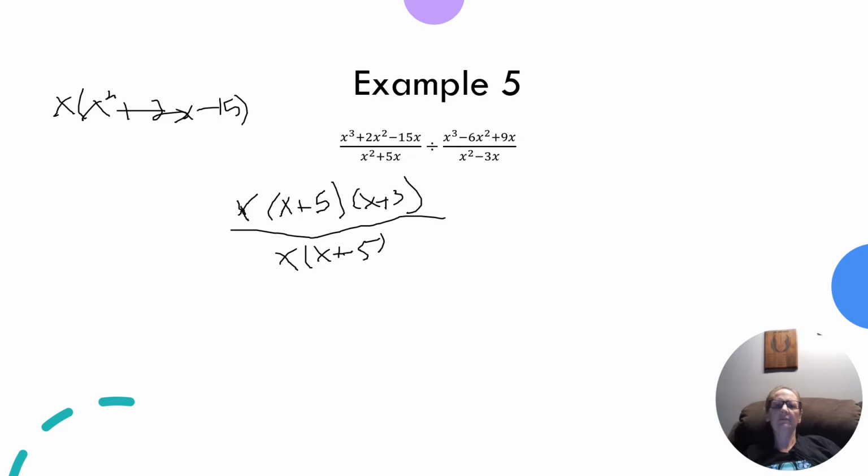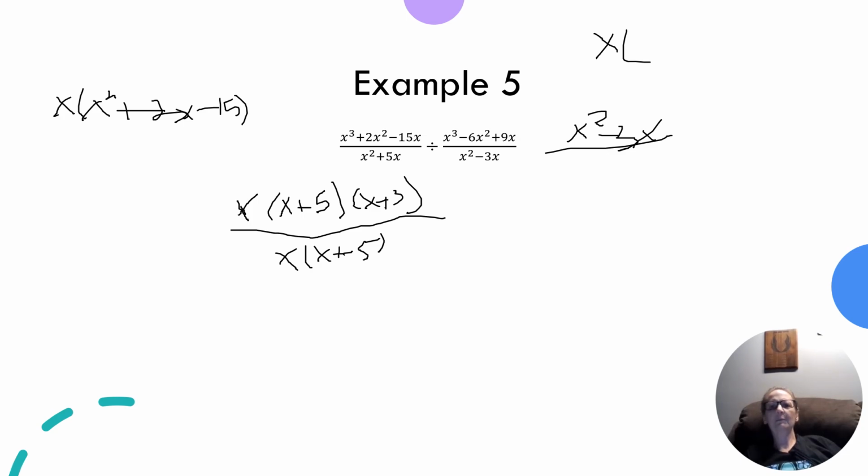Now when I do a division, I have to actually turn the second fraction upside down. So the problem would be this first fraction times this one upside down. I'm just going to write it in its upside down form over here so I don't forget which one's on top. Again, it has an x to the third and a bunch of x's that can factor out of that top.